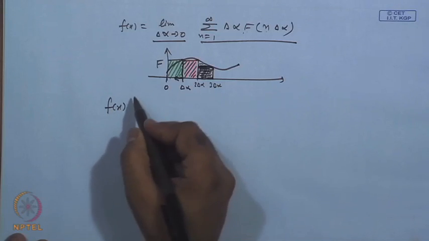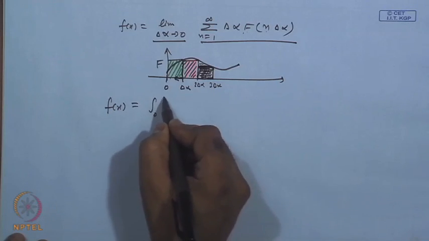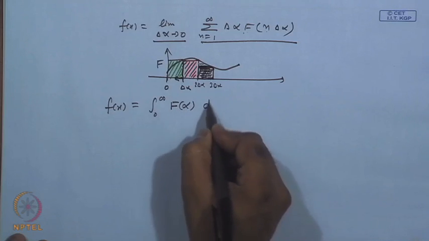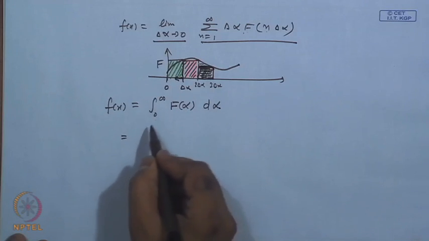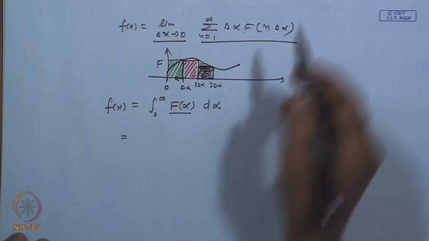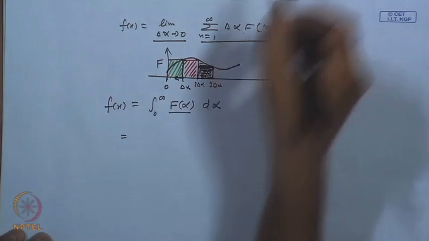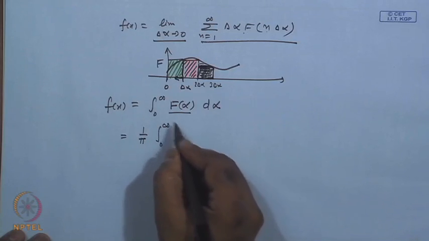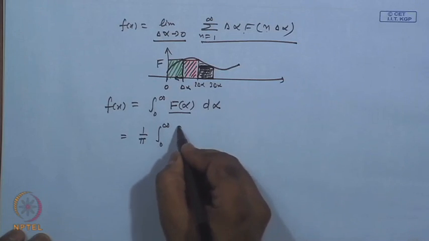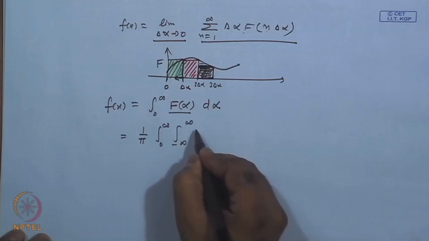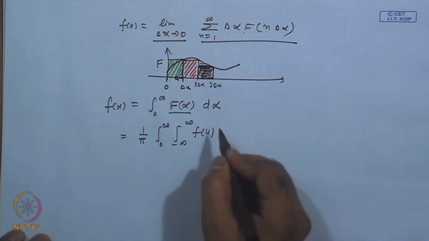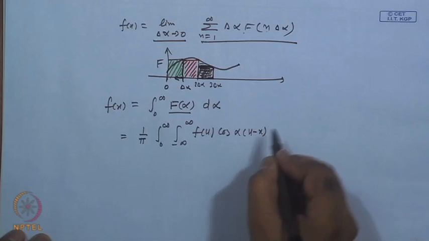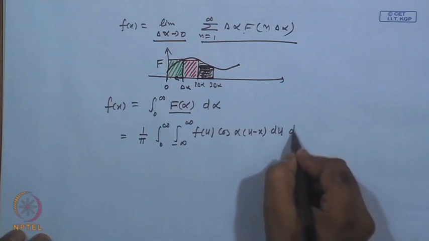So, this f of x is nothing but the integral from 0 to infinity of this function f(alpha) d alpha. And now we go back to the original notation. So, f(alpha) was defined as 1 over pi, the integral from 0 to infinity, and here for the f(alpha), minus infinity to infinity, we have f(u) cos alpha(u minus x) du and d alpha.